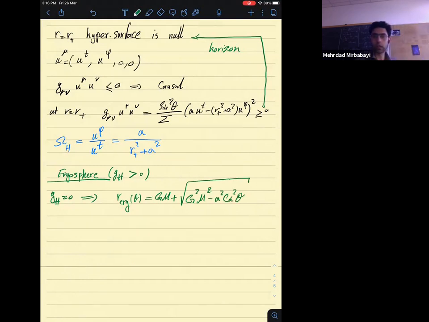So that is the radius of the ergosphere when GTT becomes 0.